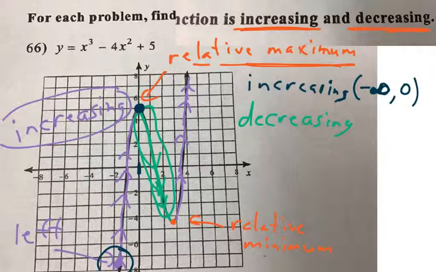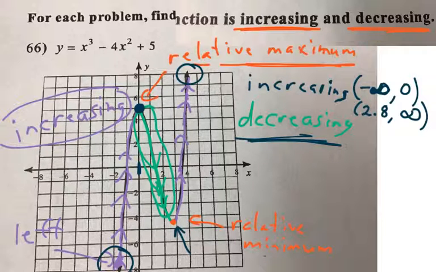And then notice if we follow the purple again, it's increasing, and we have to approximate that, looks like, at about 2.8, let's say. So it's increasing also from about 2.8, and when the graph goes all the way with an arrow to infinity, we refer to that as positive infinity. And finally, the middle part in green is where it's decreasing.